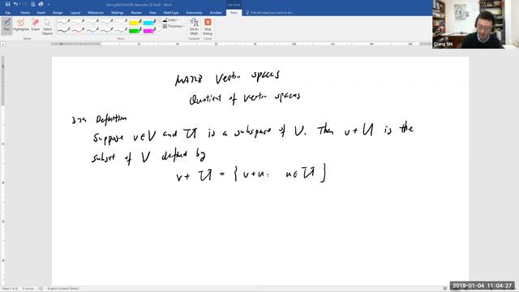Your v is a fixed vector, and you let the vector u run through the entire subspace U. So every possible vector in the subspace U will be added to the v. When you add all these together and collect all these sum vectors, that becomes a new subset of V.